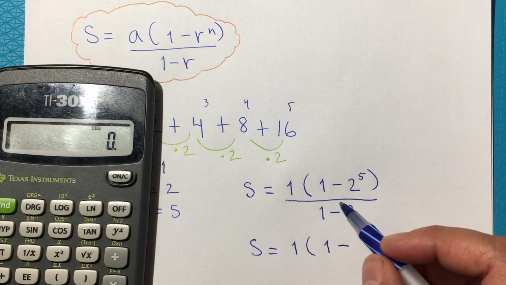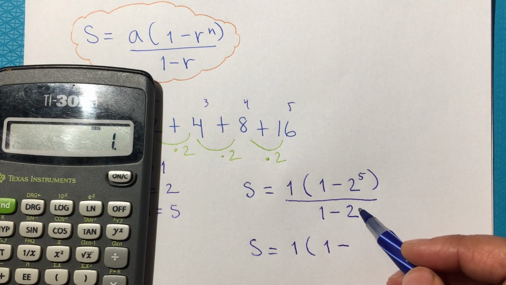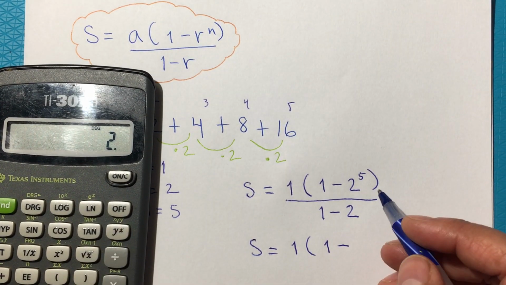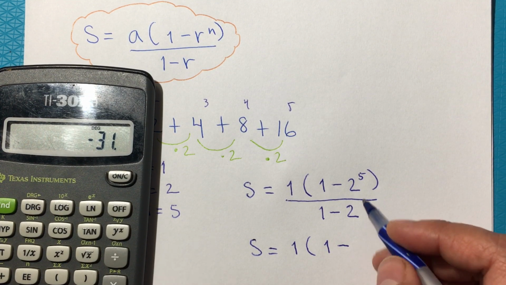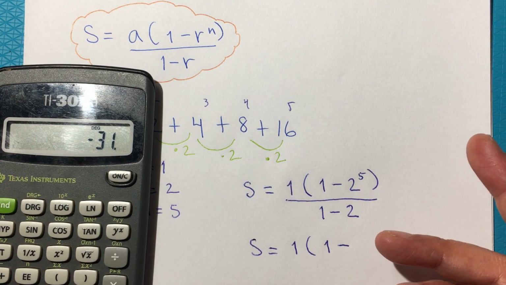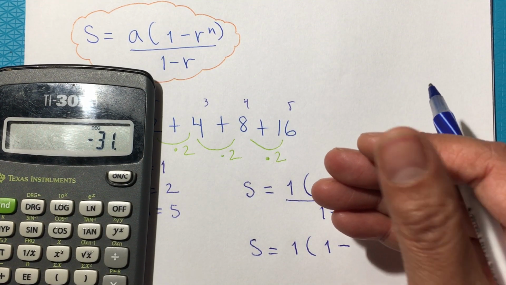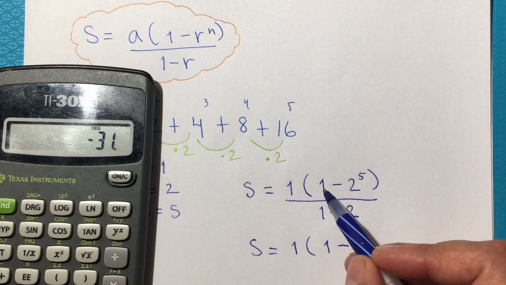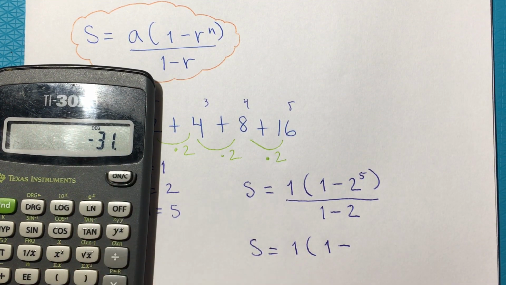In fact, you can do this entire thing, 1 minus 2 to the 5th power, if it's a scientific calculator. Because 2 times 2 is 4, times 2 is 8, times 2 is 16, times 2 is 32, but then 1 minus 32 is negative 31.